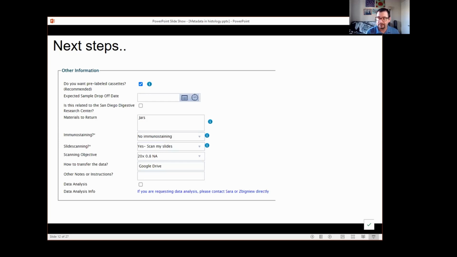They don't have to scribble something on a jar of formalin. If they need slide scanning or immunostaining, they also make those notes. For slide scanning, that would be the only thing they need to fill out. But if they need immunostaining, that's another form that's quite elaborate again, that collects the data that are necessary.